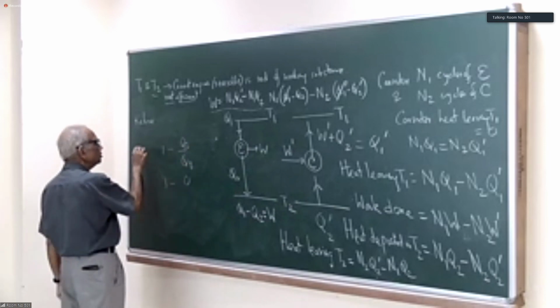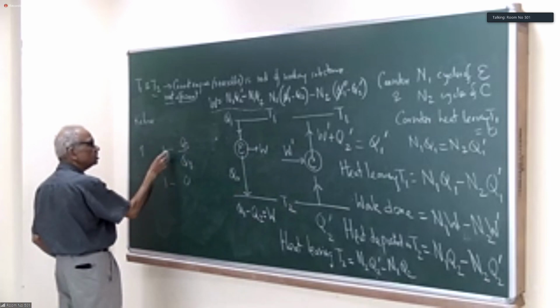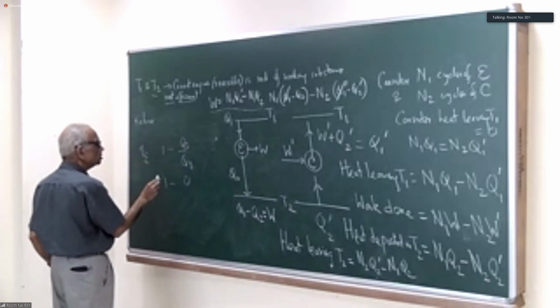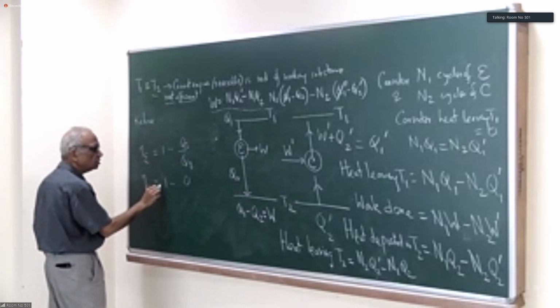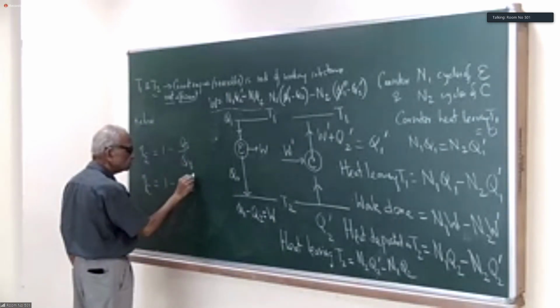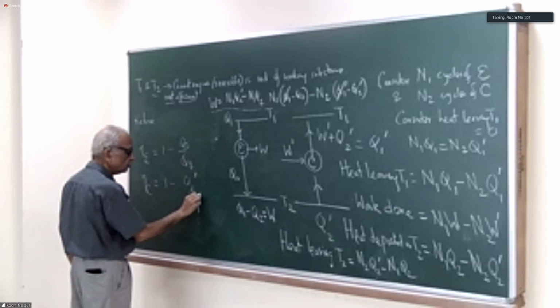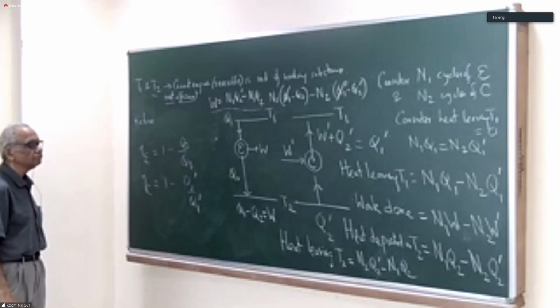So the efficiency of this engine, which is E, is this. The efficiency of the Carnot engine is 1 minus Q2 prime over Q1 prime.